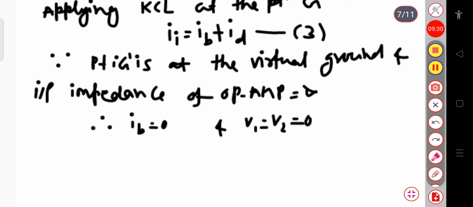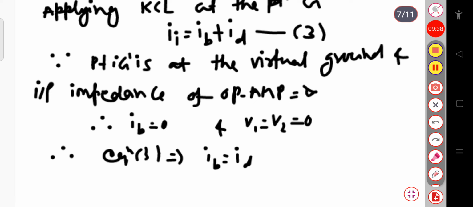So equation 3 implies II will be equal to ID, since IB equal to 0.